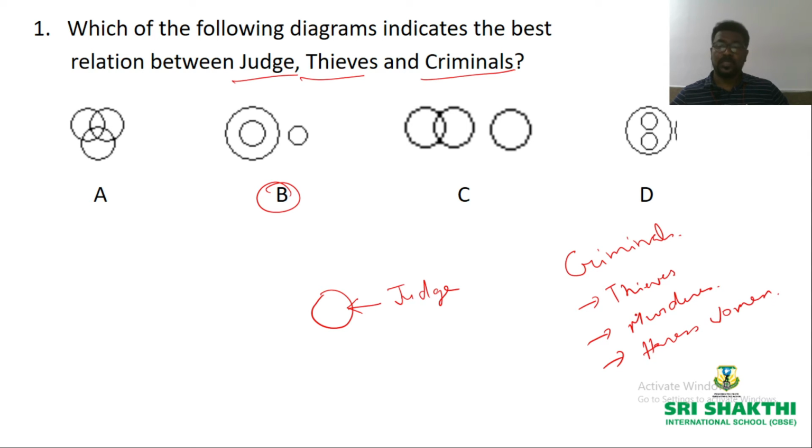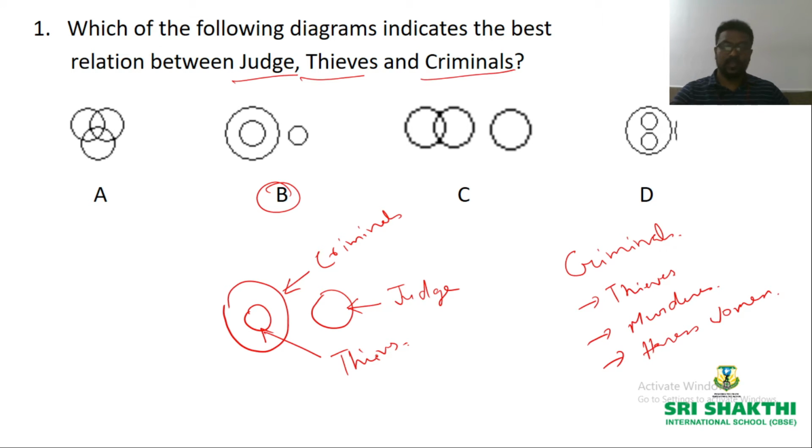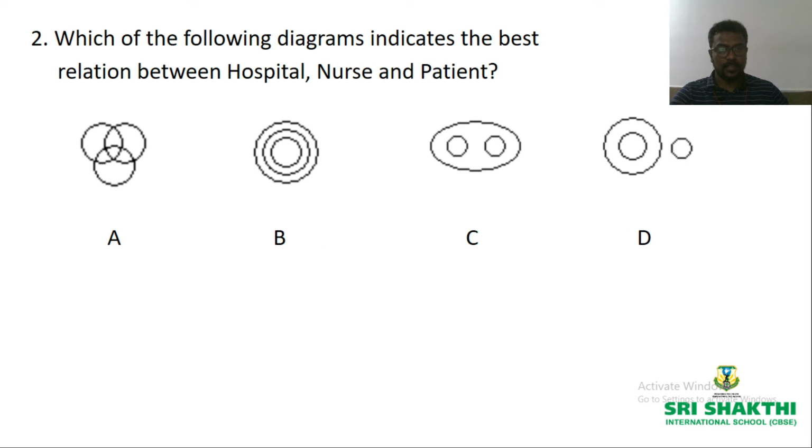So all these things come under criminal. So we can separately draw two circles over here, in which the outer circle represents criminals, and the inner circle represents thieves. So I hope you got clarity on this question. Let's move to the next question.